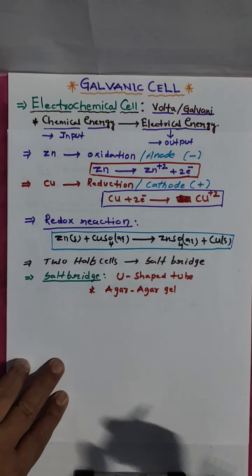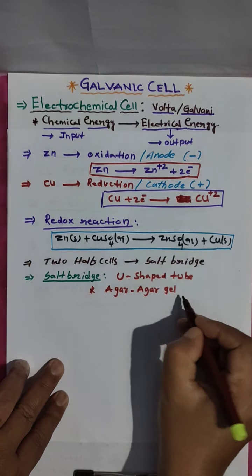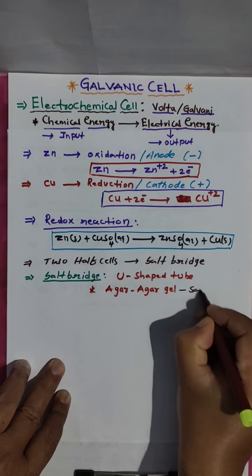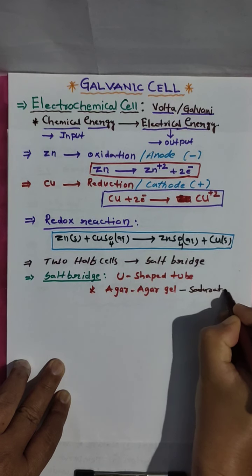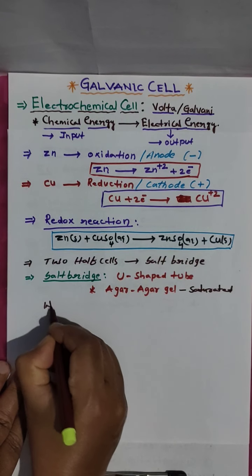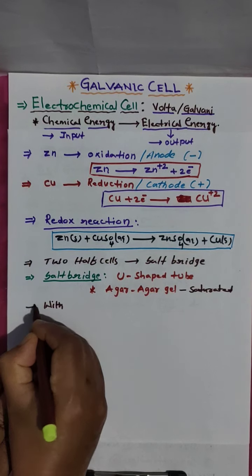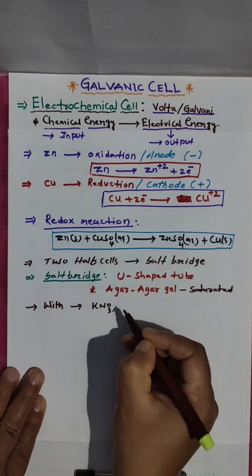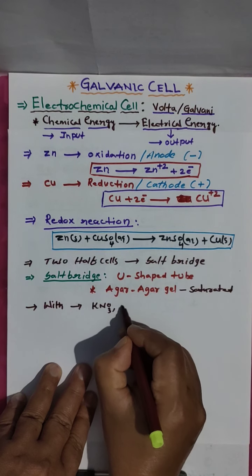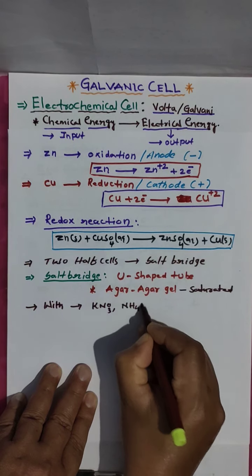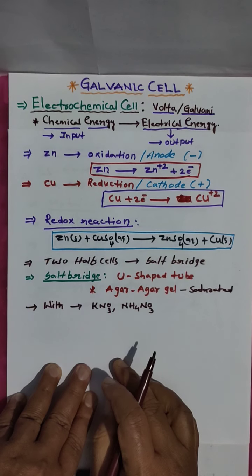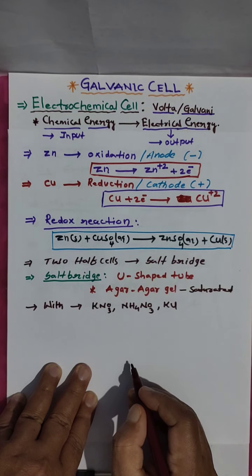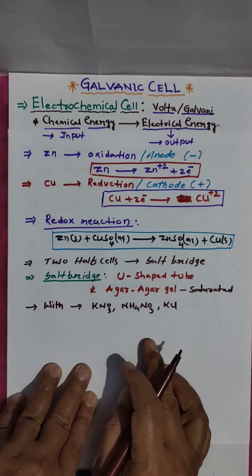It is a jelly substance, agar gel, and this agar gel is saturated with KNO3, potassium nitrate, or ammonium nitrate, or potassium chloride, like this.